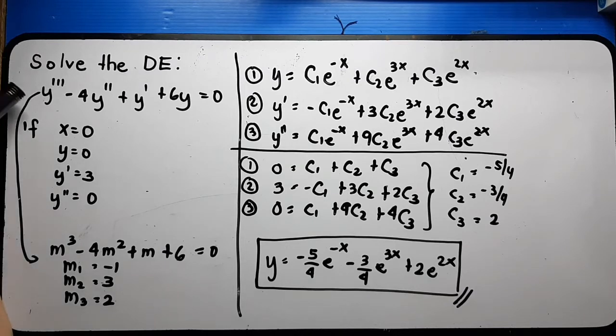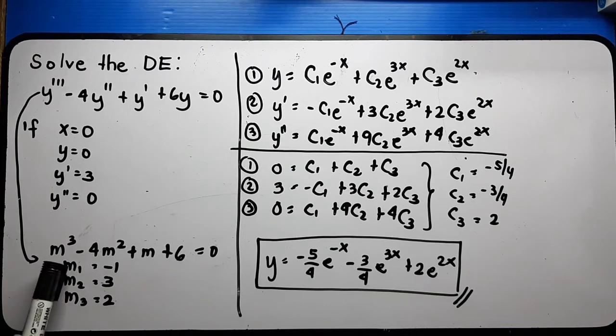So we will replace y by m. So this equation will now be m cubed minus 4m squared plus m plus 6 equals 0. Solving for m, or the roots of this equation, we have negative 1, 3, and 2.